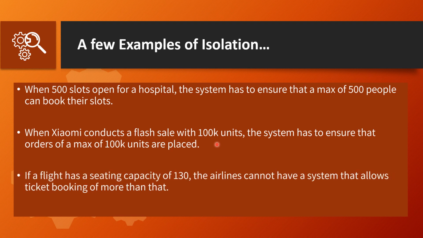In the same way, if we book a flight seat with a capacity of 130 passengers, it should not be possible to book 140 or even 131. It is limited to a maximum of 130.